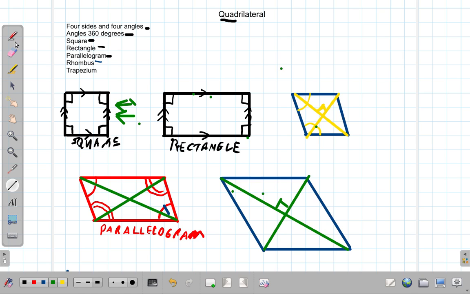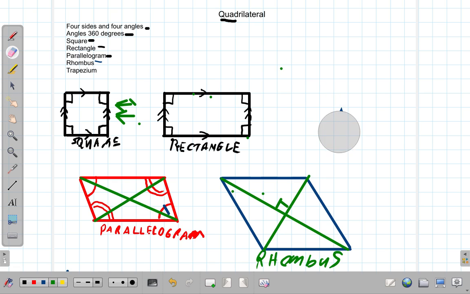So let me write the name of it. Now we have another quadrilateral that is called the trapezium. Now it has four sides, four angles, and so on and so forth.